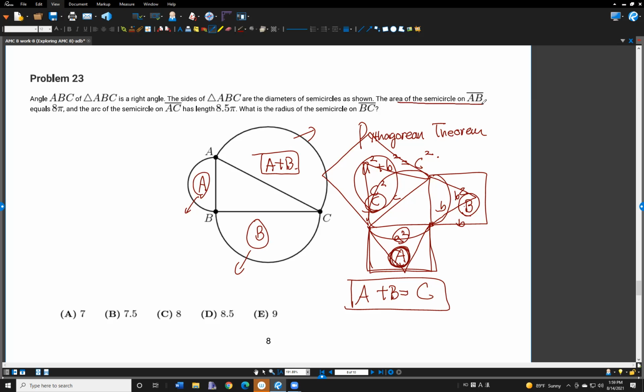The area of the semicircle on AB is 8 pi. This one, AC, equals what? 8.5 pi. What is the radius of semicircle C, on BC?